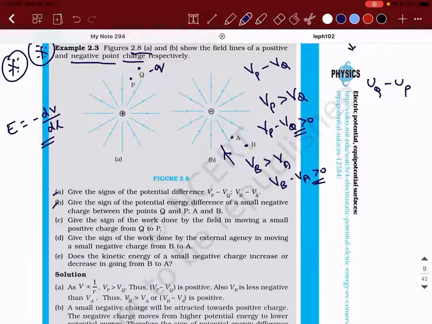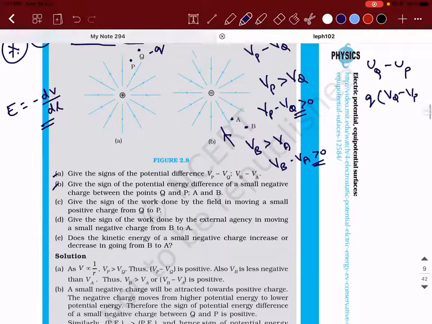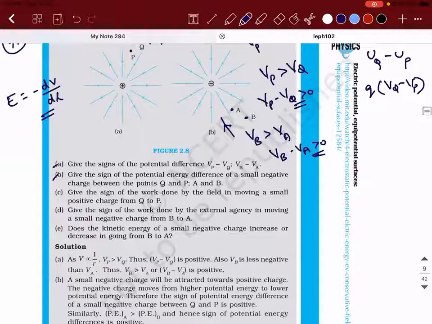That is the meaning of potential energy difference. So UQ, can I write it as the charge that you're trying to move into VQ minus VP, accepted. Why did I write it like this? What is the relation between potential energy, charge, and potential?